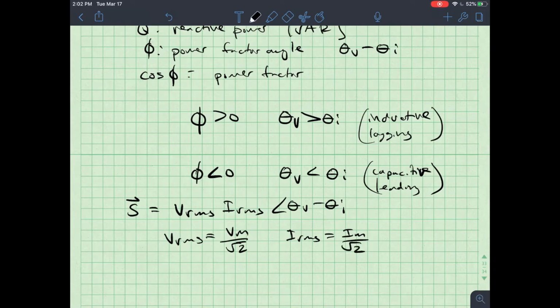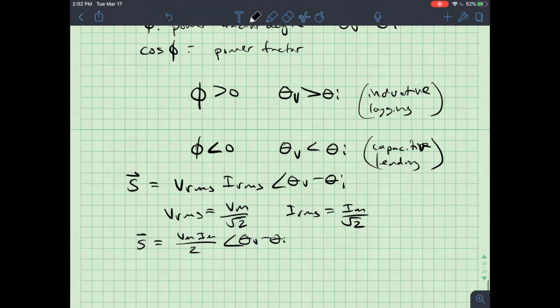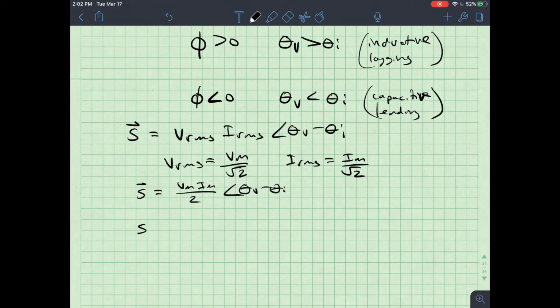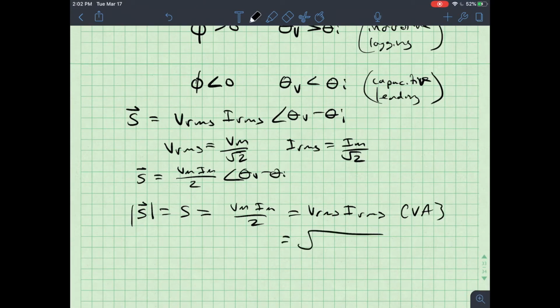So I could also write S as Vm Im over 2 angle theta V minus theta I. The magnitude of S phasor, S, my apparent power, is Vm Im over 2, or V RMS I RMS. Reminding you that's measured in volt amperes. I can also write it as the square root of P squared plus Q squared.